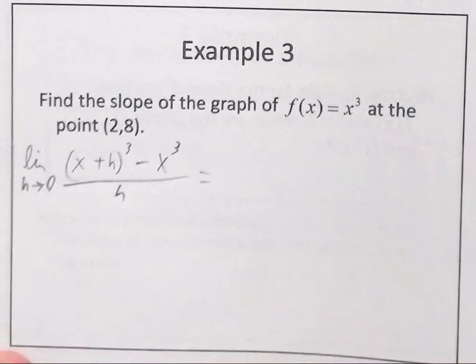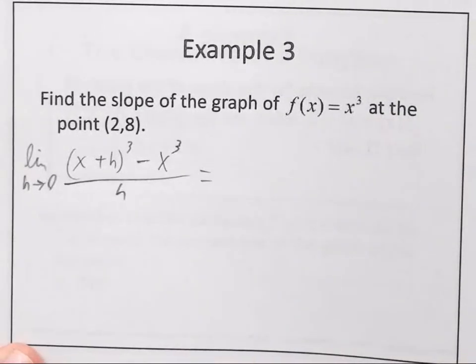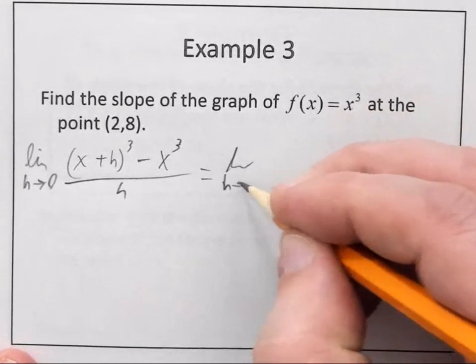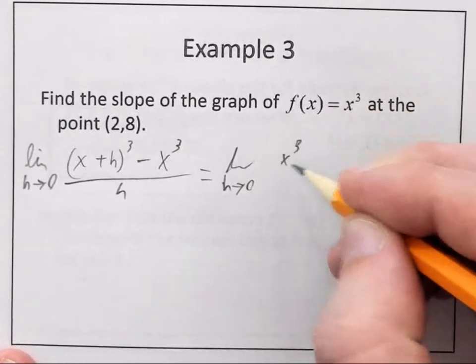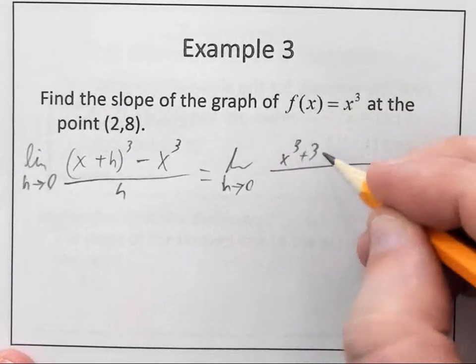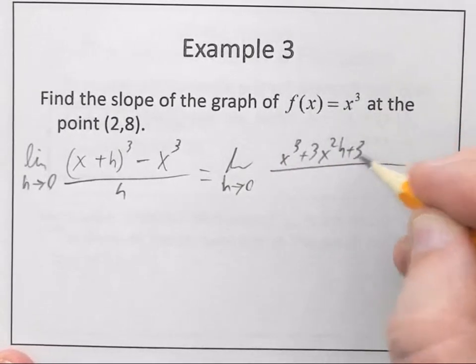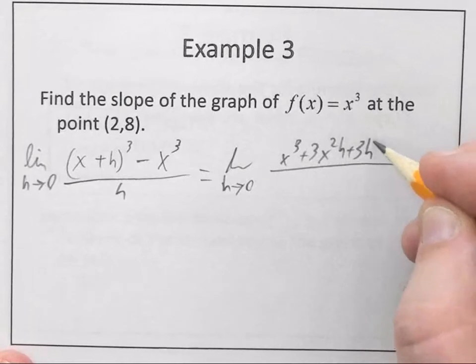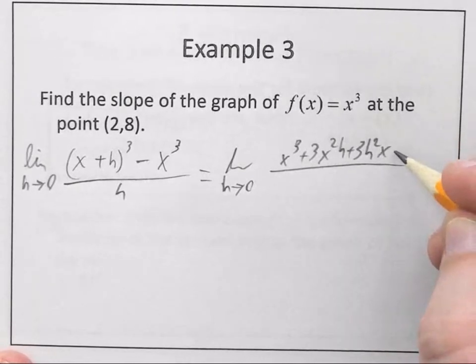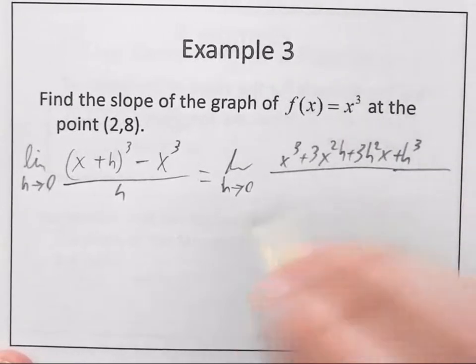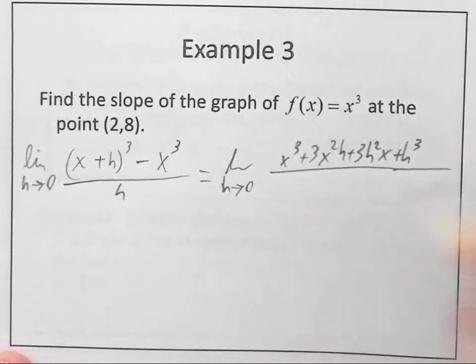How do you do x plus h to the third? Remember that's an expansion of binomials using Pascal's triangle.